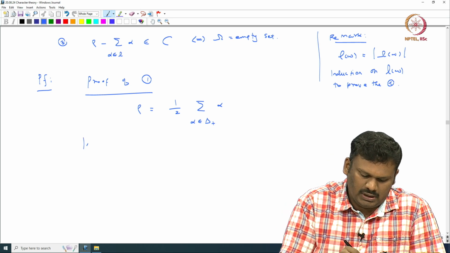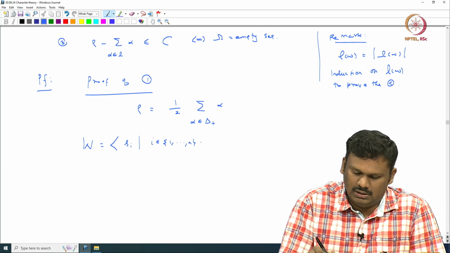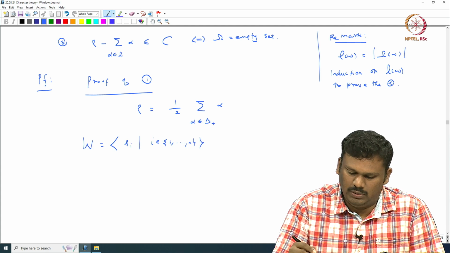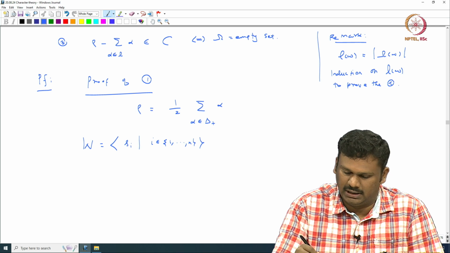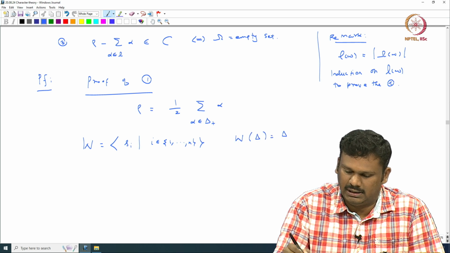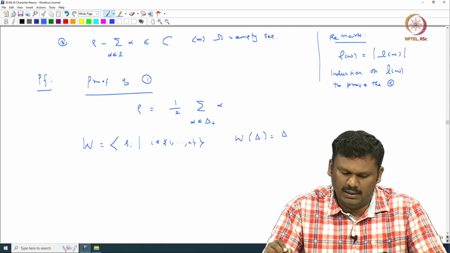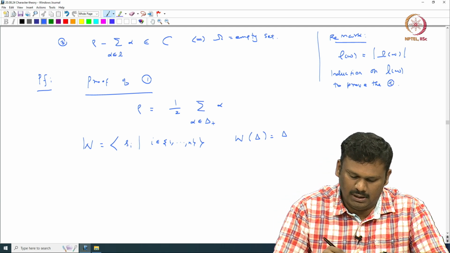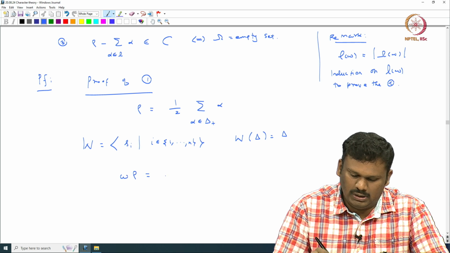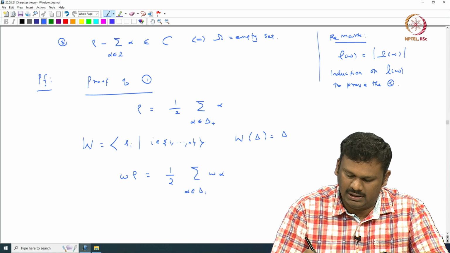In particular, W permutes the set of roots. So, W of delta is exactly delta. So, if I take W of rho, then this is going to be half times summation W alpha, alpha in delta plus.